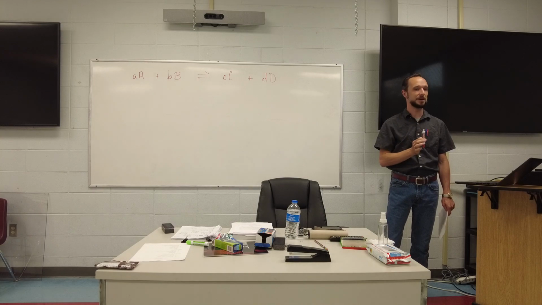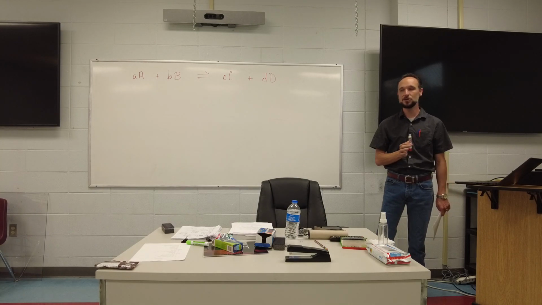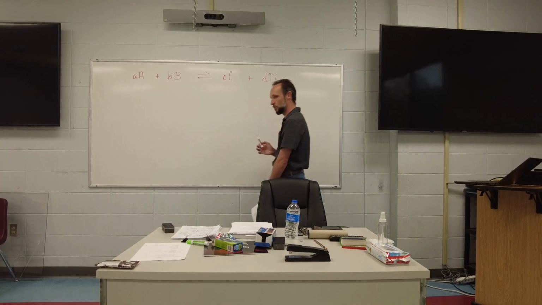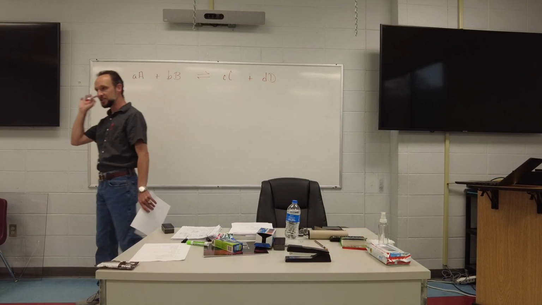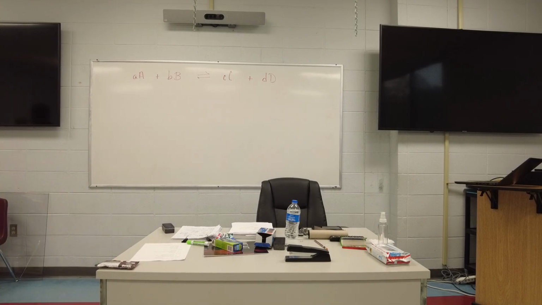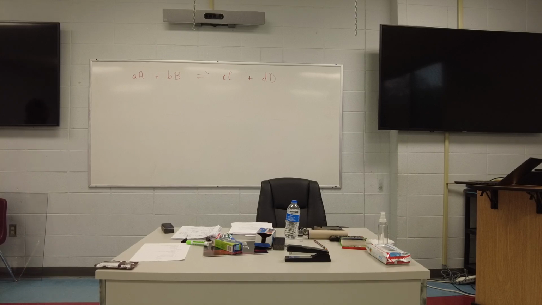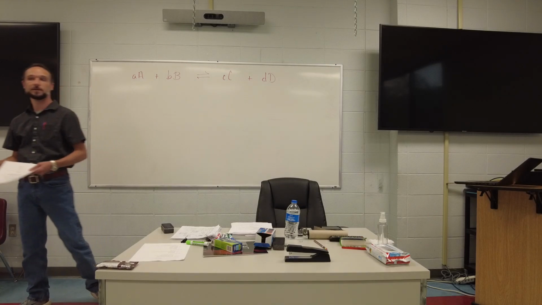Instead of having to go through and use a doubling table, you could just pull the exponents straight out of what? The coefficients of the balanced equation. Well, at equilibrium, basically all you're left with is the forward rate determining step and the backwards rate determining step. Meaning, when I write my equilibrium out, I can just use the coefficients of the balanced equation. I don't have to go through all the doubling table stuff. You could, but it's going to come out the same.